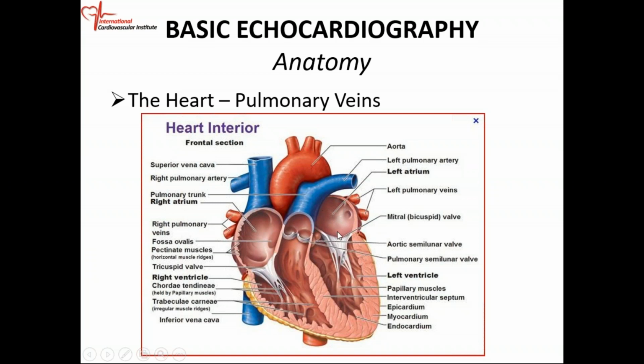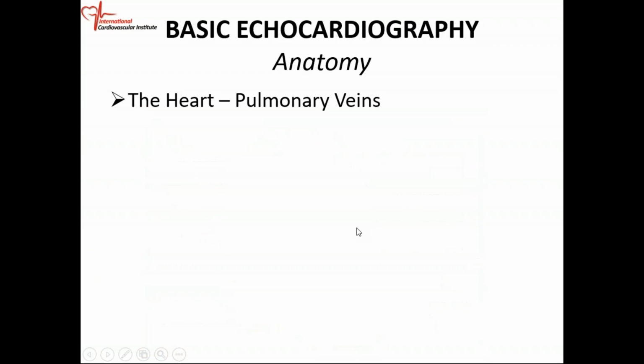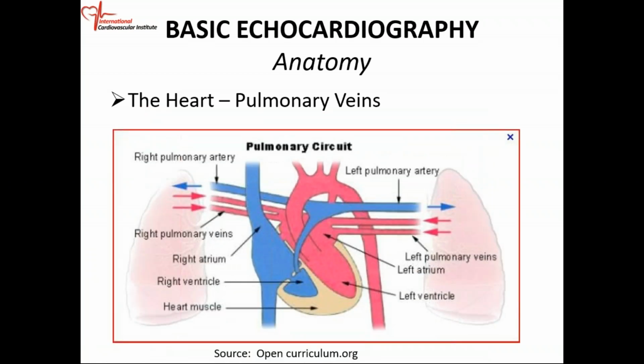The blood is now going to leave the left atrium across the mitral valve into the left ventricle. The blood is going to leave the left ventricle through the aortic valve, right here, into the aorta, and goes up. So that's the circulation in a nutshell.